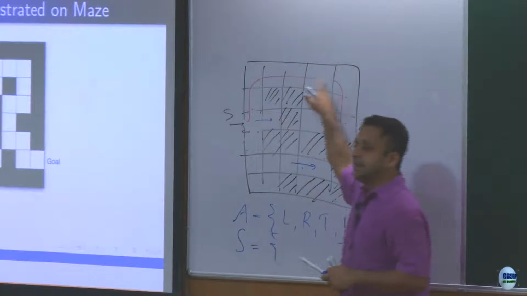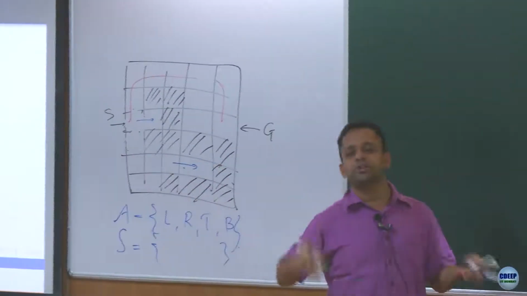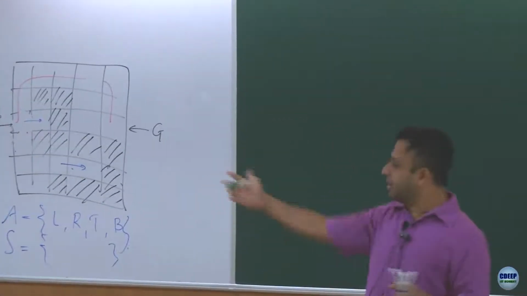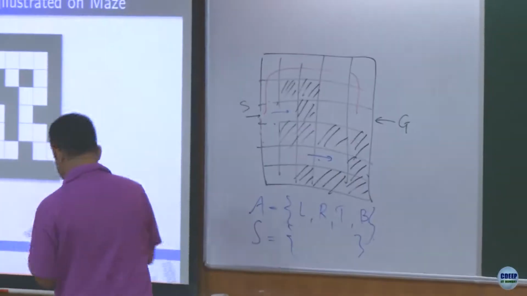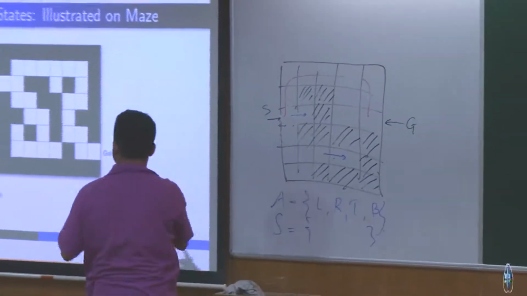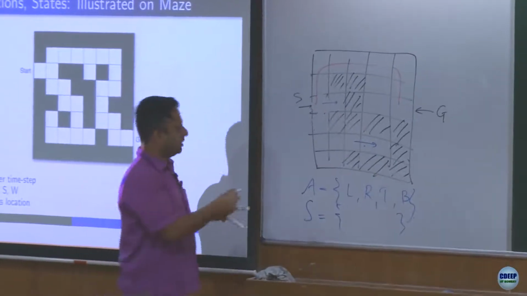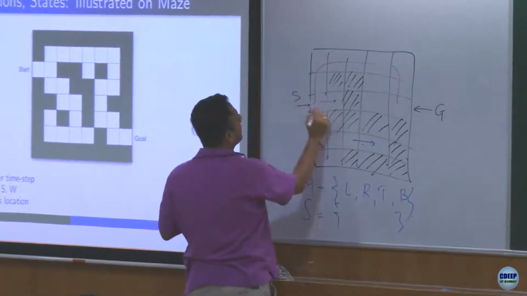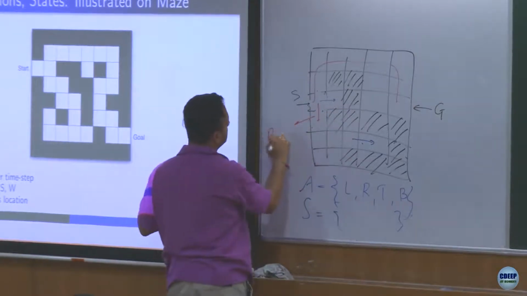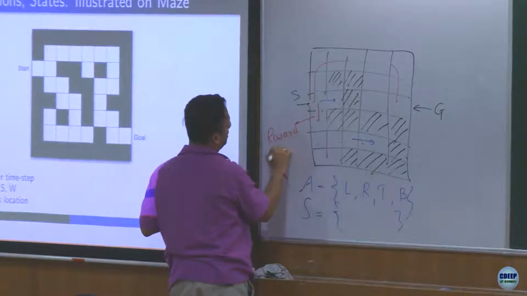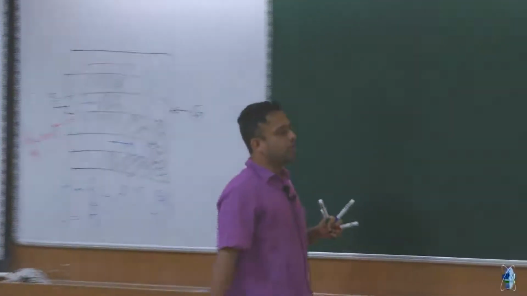The more time I take to get to my goal, the more I should be penalized. So the model being used here is that there is a -1 per time step reward, a basic penalty of 1, or a reward of -1. Whether I move this way or this way, I incur a reward of -1, and I incur that reward after I make the move.